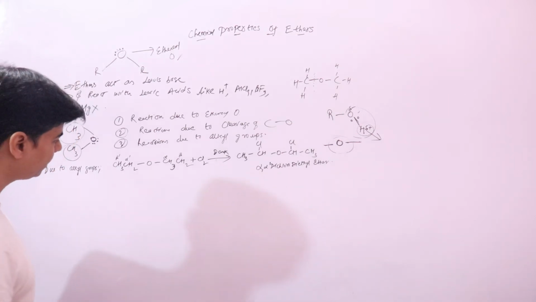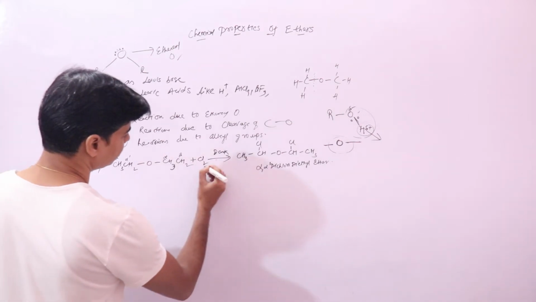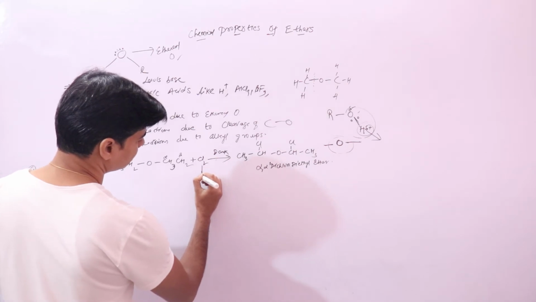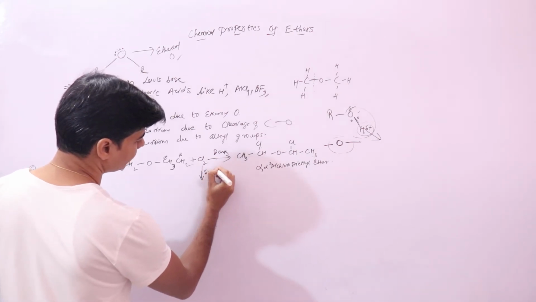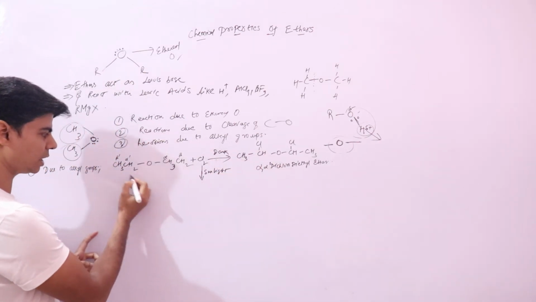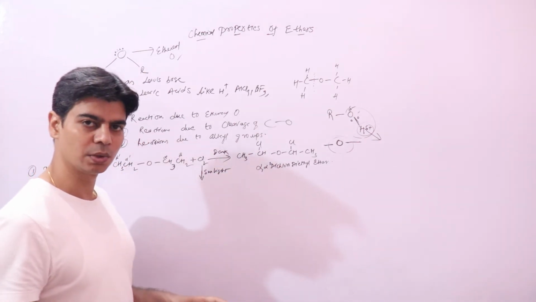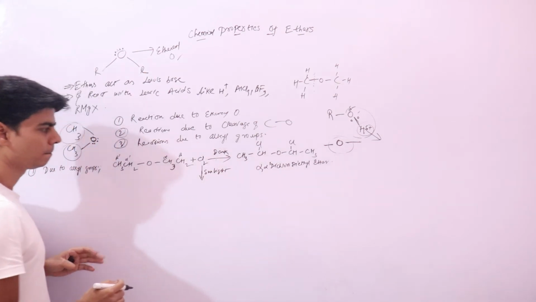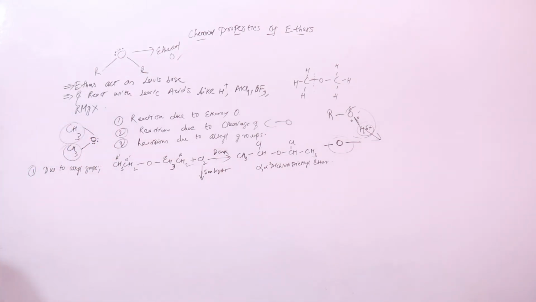Now if we do the similar reaction in complete sunlight, all these hydrogen atoms can be substituted by your chlorine atoms, right. So this would be your complete chlorination or complete halogenation.